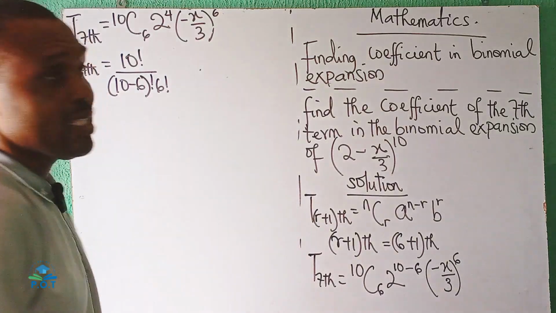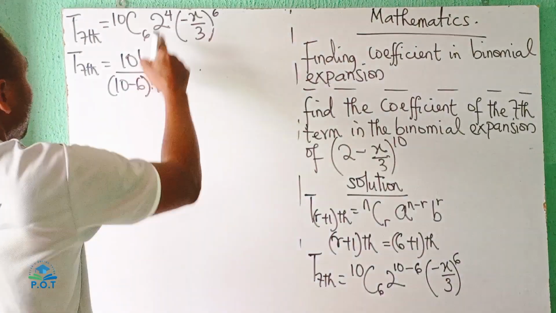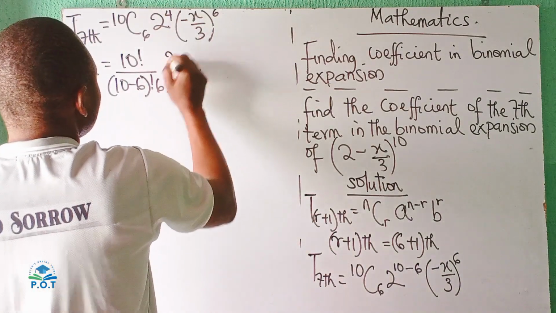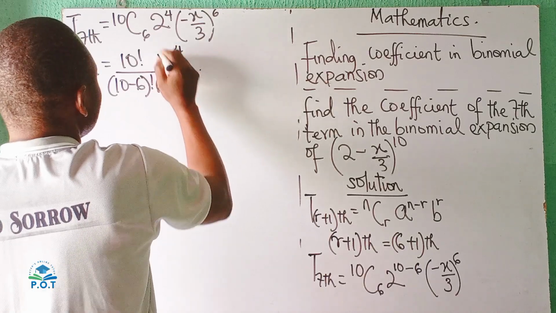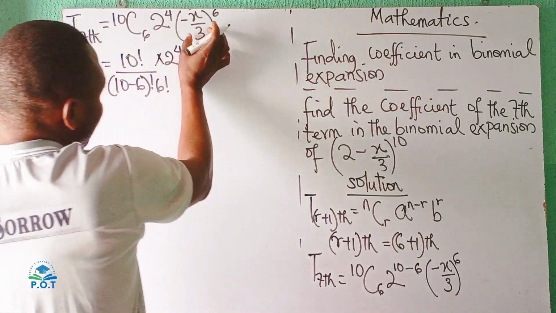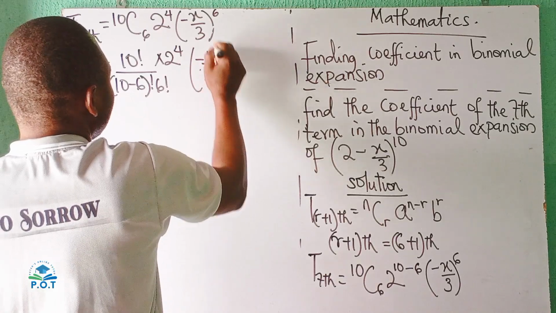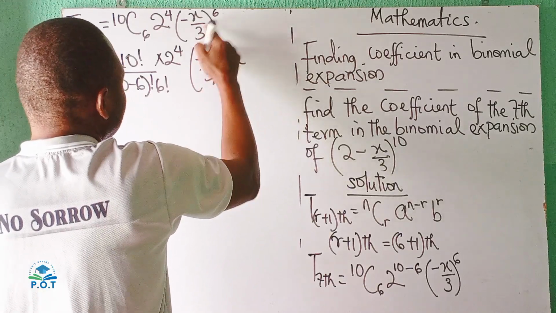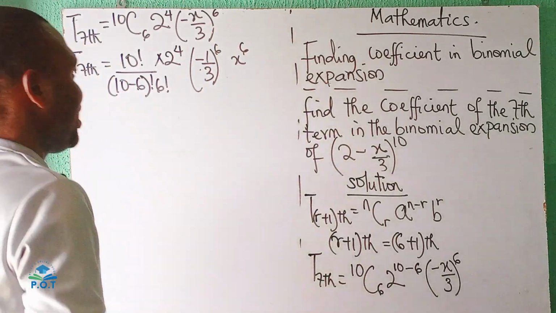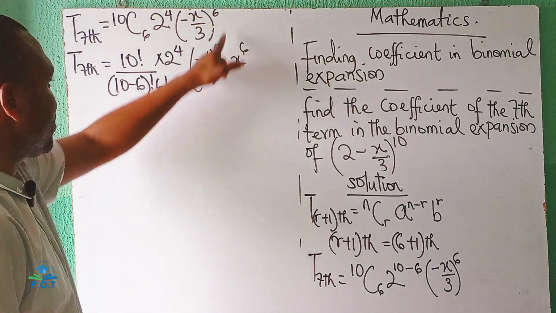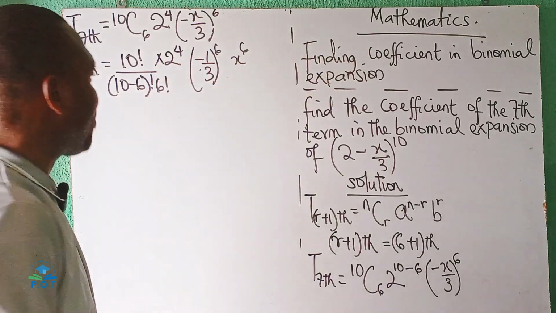This is how we write 10 combination 6. Now, 2 raised to the power of 4, and we can actually split this, so I'll be having minus 1 over 3 raised to the power of 6, and then x raised to the power of 6.